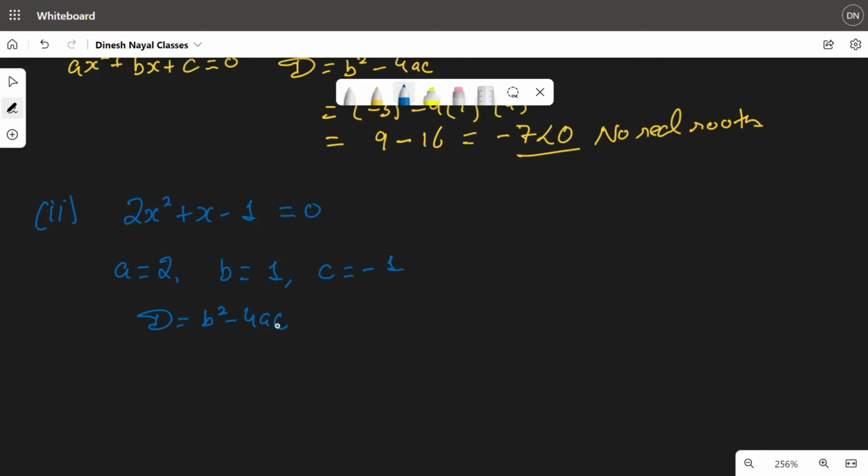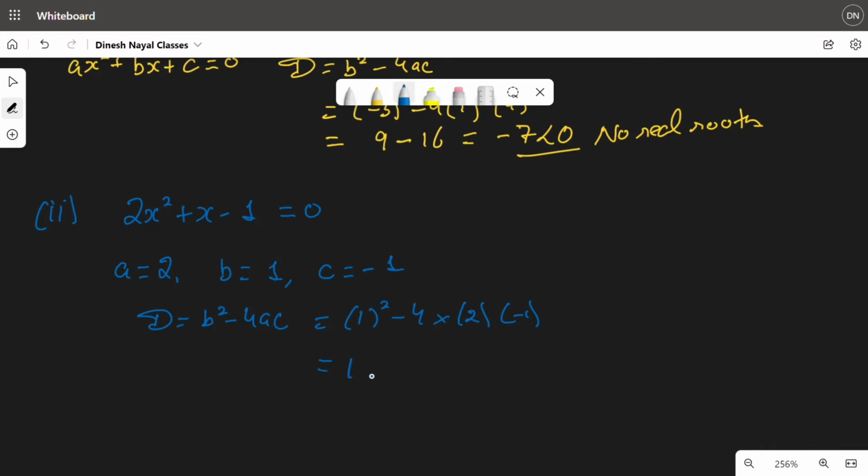So we get 1 square minus 4 into 2 into minus 1. See, this minus will become actually plus. 4 2s are 8, so this is plus 8.